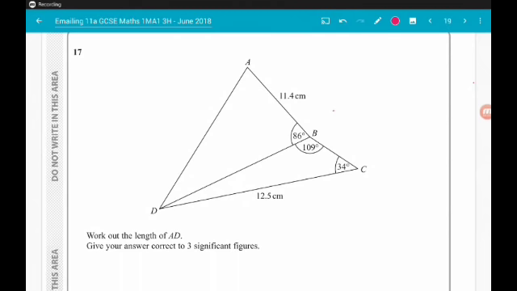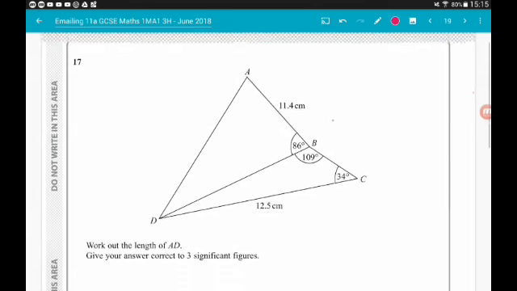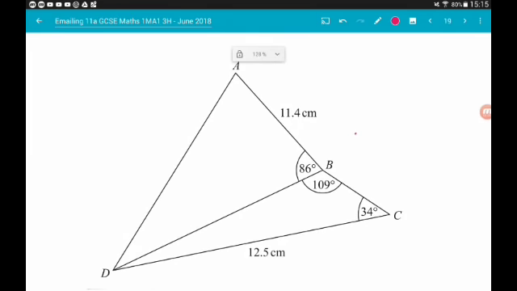Question 17, we got 2 triangles stuck together to make this shape. Question wants us to work out the length of AD. So that is this length here. So we got 2 triangles. Both of them are non-right angle triangles. In the top triangle, we only know one side and one angle. So at the moment, we don't have enough info to work out the side that we want.